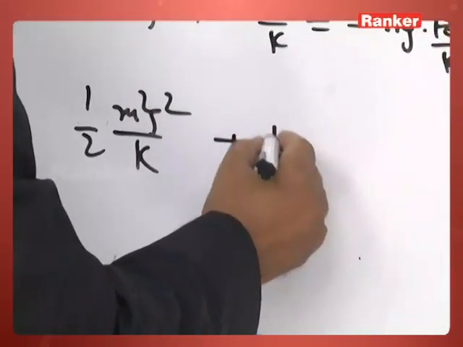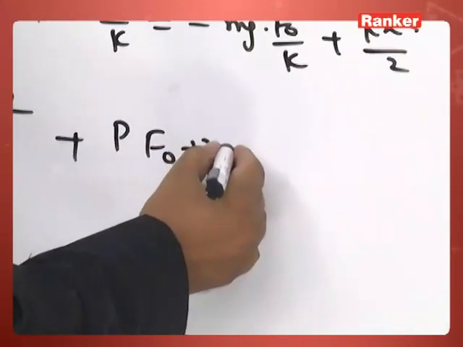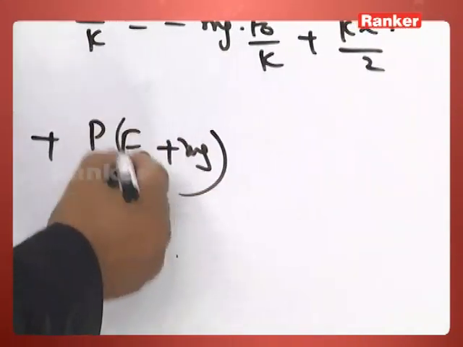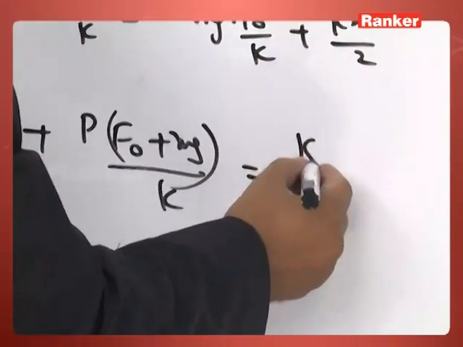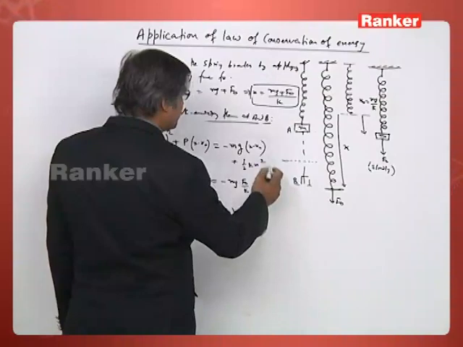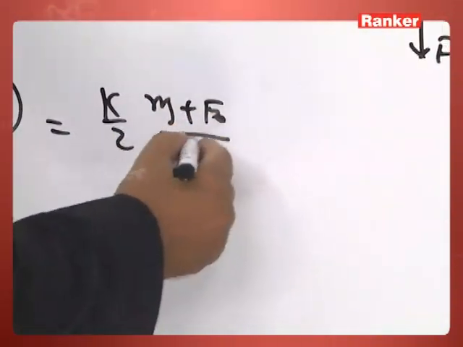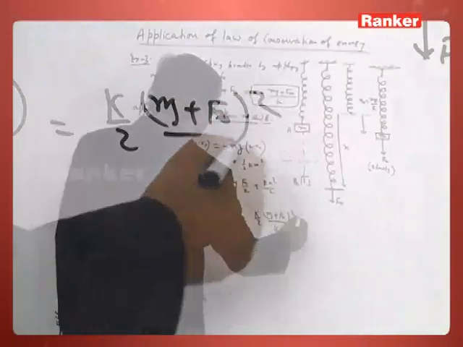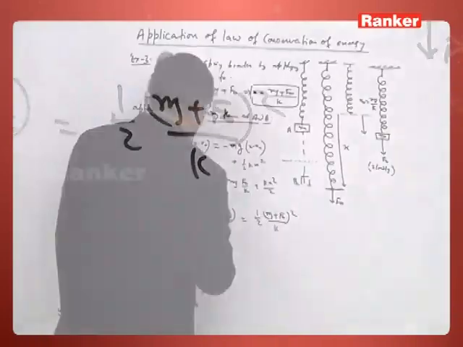So this is P times F naught plus mg by k is equal to this, k by 2 x square. Now x square is mg plus F naught by k square. So this is square, and so this is k square. So let us write it one and only k.